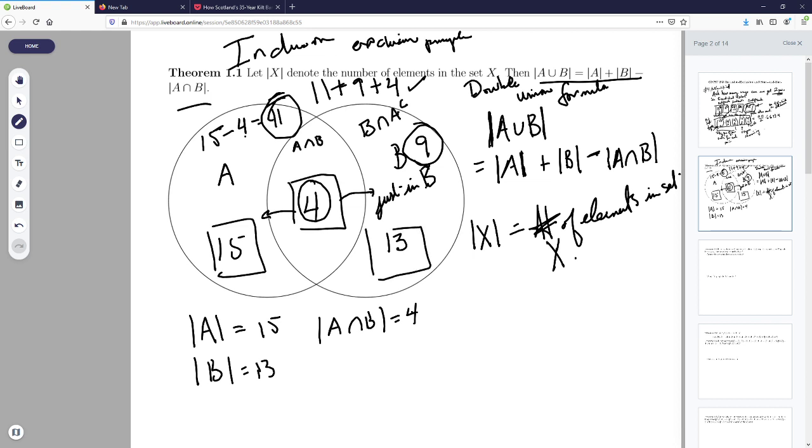The number of things in A union B is equal to 15, the number of things in A, plus 13, minus 4. Is that going to be equal to the same thing? This is 24, and this is 28 minus 4.